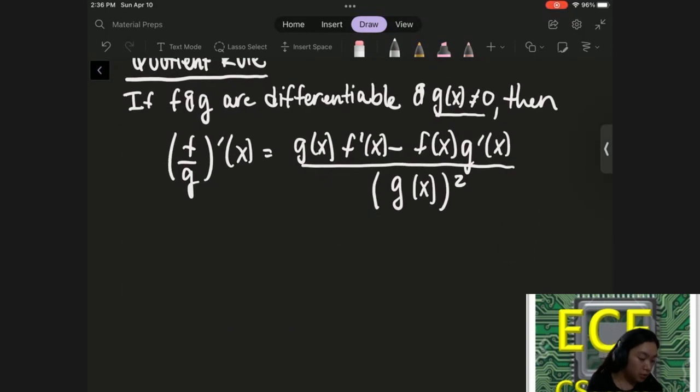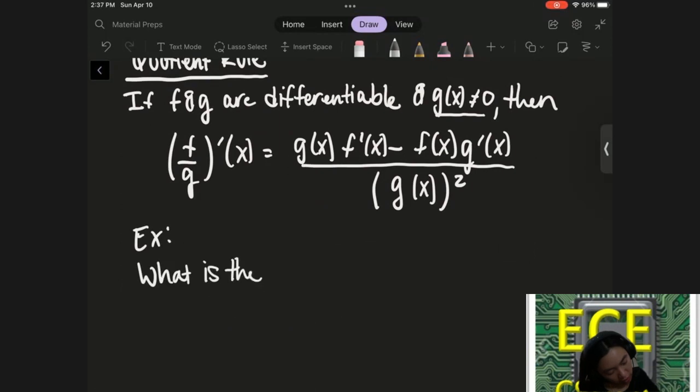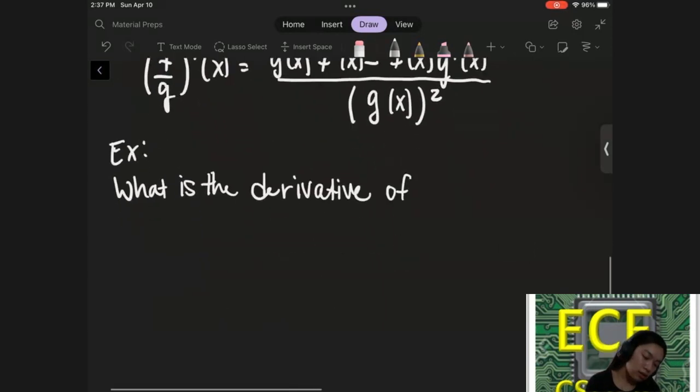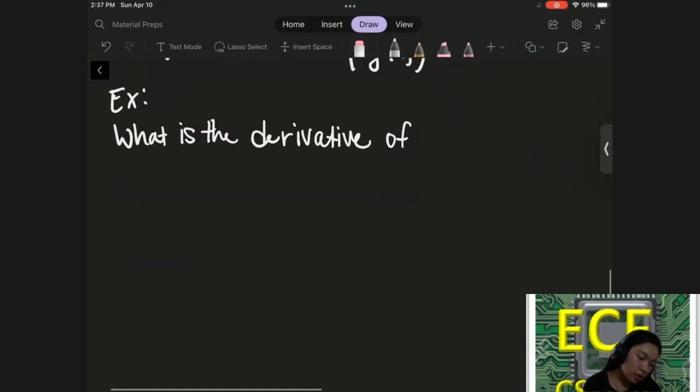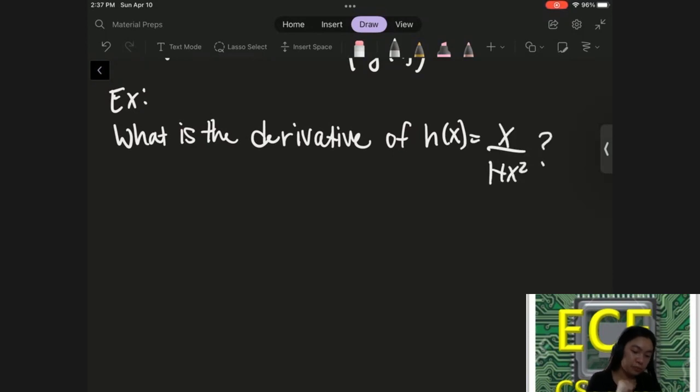Right. So let's do an example of this. What is the derivative of, let's see, let me scroll up a little, h of x equals x all over 1 plus x squared. Okay.